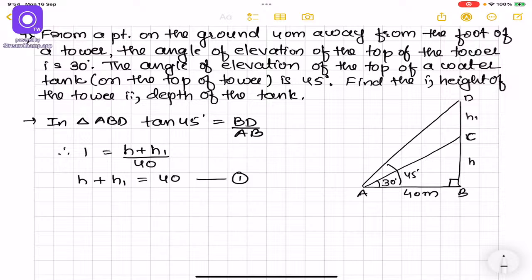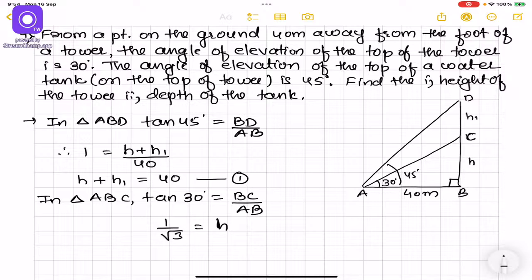Now in the second triangle, in triangle ABC, tan 30 equal to BC by AB, so tan 30 will be 1 by root 3 equal to h upon 40. So therefore h equal to 40 by root 3 meter.